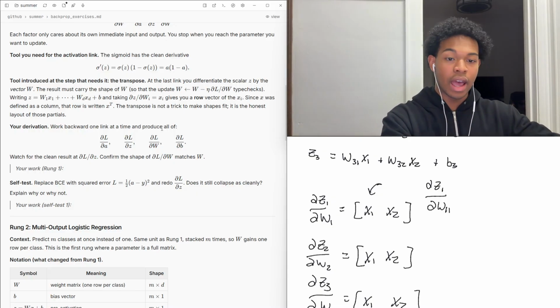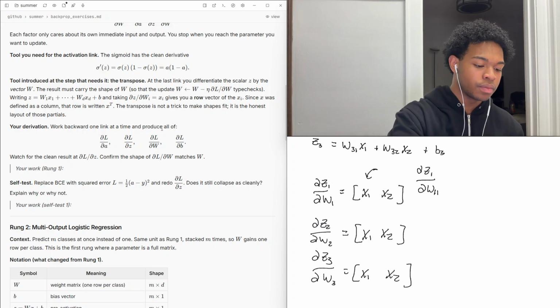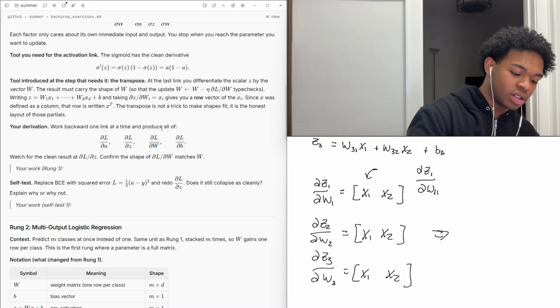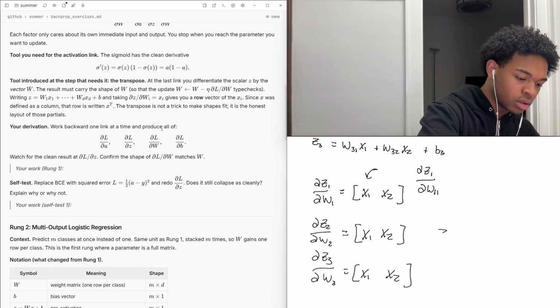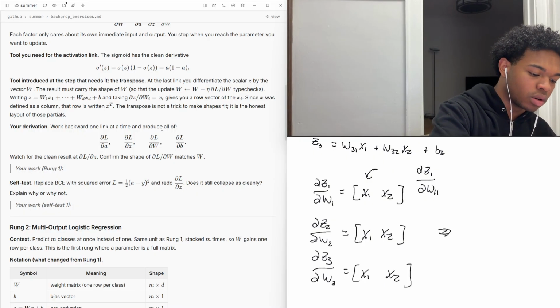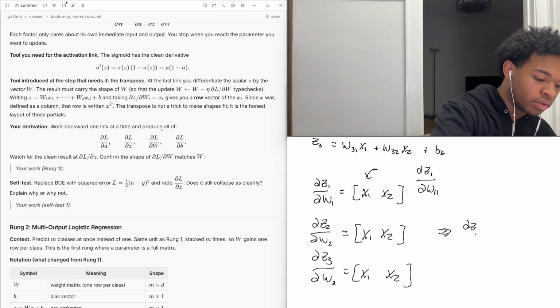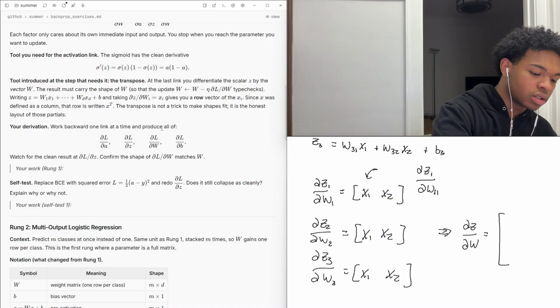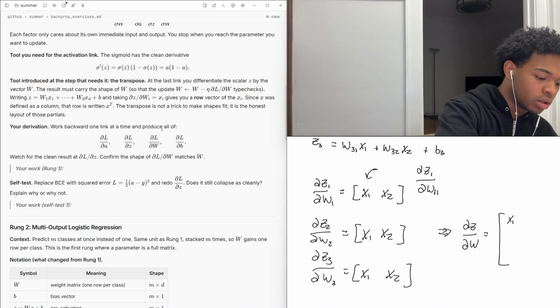And if we concatenated this one more time, therefore, the partial derivative of Z with respect to W as a whole is actually going to be the matrix X1, X2, X1, X1, X2, X2.